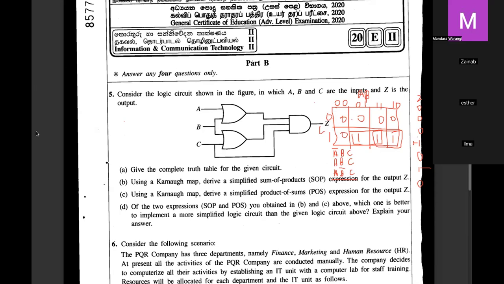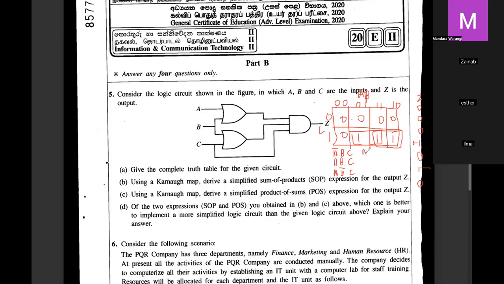So we have these three, right? How can we settle this out to a single expression? We can take this group first.